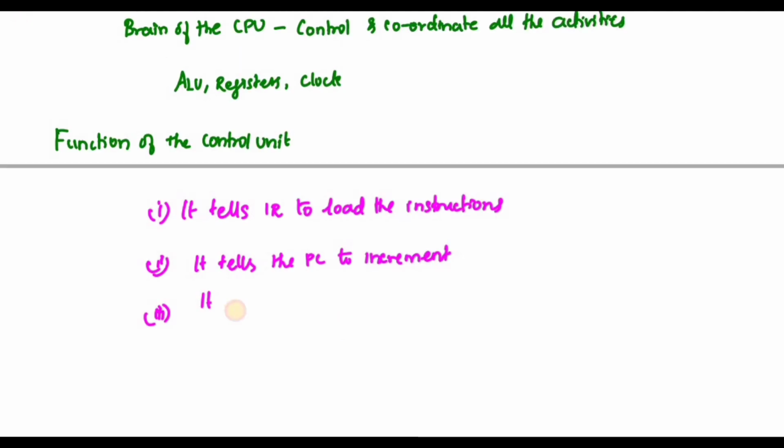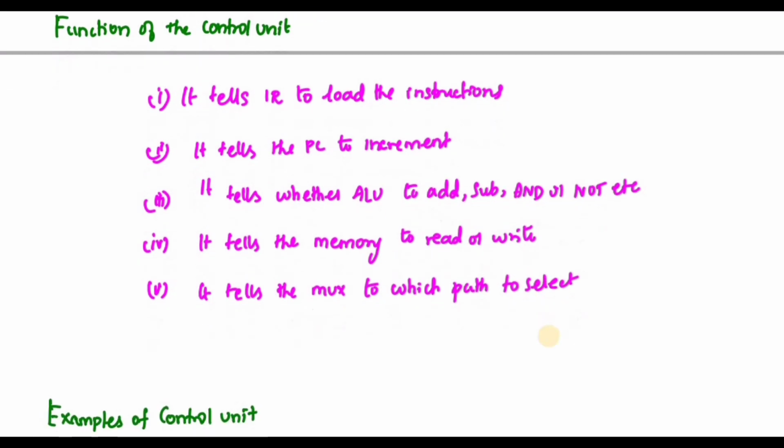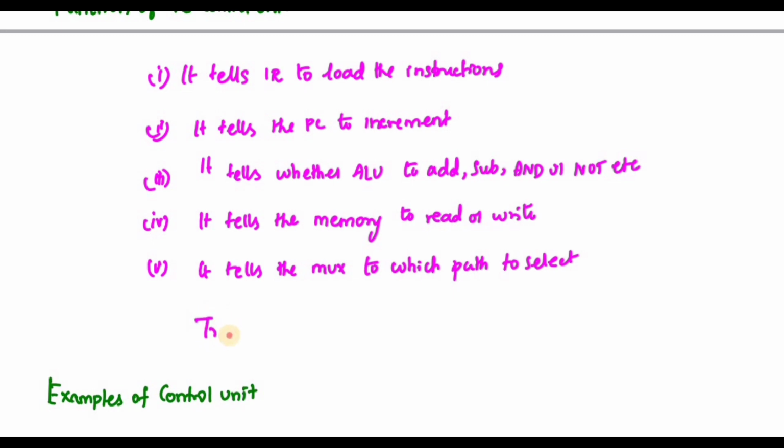So what is the function of the control unit? It will tell the instruction register to load the instruction. It will tell the program counter to increment. It will also tell the ALU whether to add, subtract, or perform logical instructions, it will tell the memory whether to read or write, and it will tell the mux which input to select, which we have already discussed in the data path.